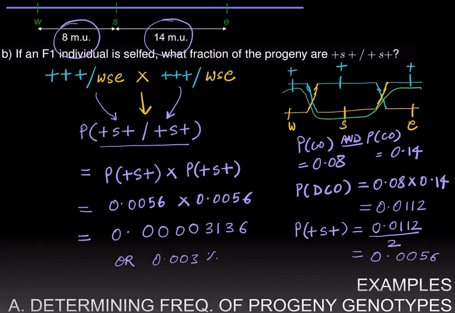But here we are asking to have a progeny who has two chromosomes that result from double crossover events, and therefore that's a very, very unlikely event.